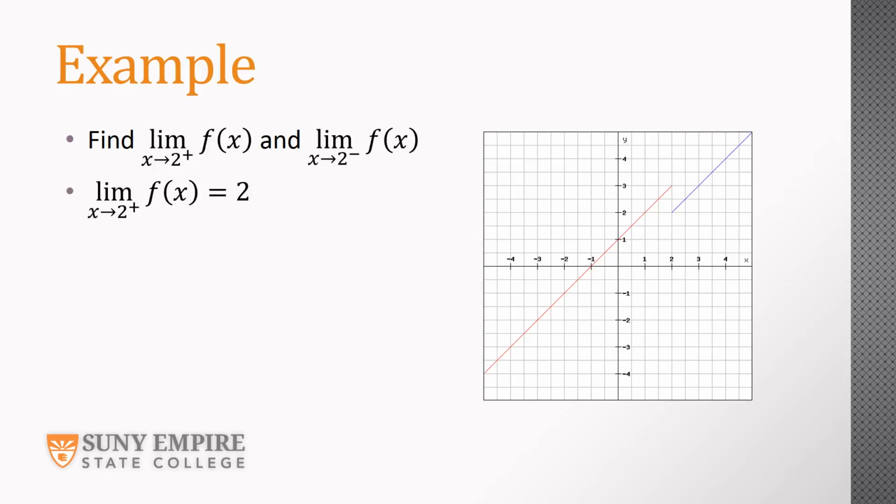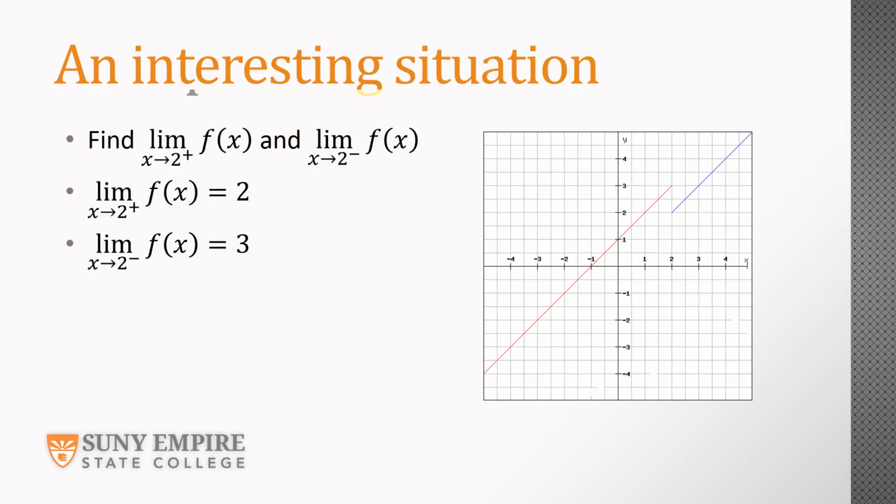As we approach and get close to 2 from the right, we get closer and closer to 2. When we approach from the left, however, we close in on a different value. The limit as x approaches 2 from the left is 3. These piecewise functions lead to a couple of additional interesting situations, as we shall see.